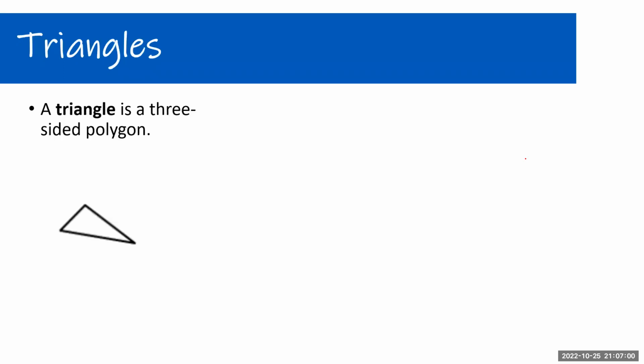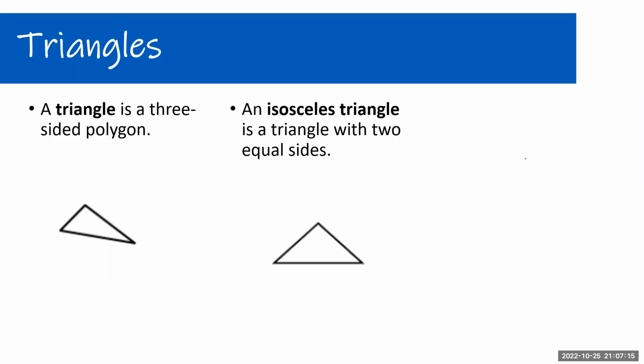A triangle is something that most of you are familiar with. A triangle is just a three-sided polygon. So look for a shape with three sides, okay? Three angles or three sides, triangle. Specifically, an isosceles triangle has two equal sides.